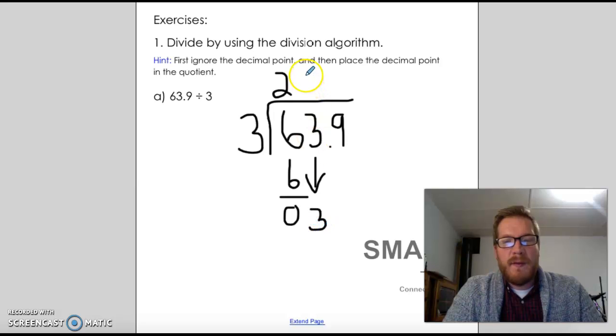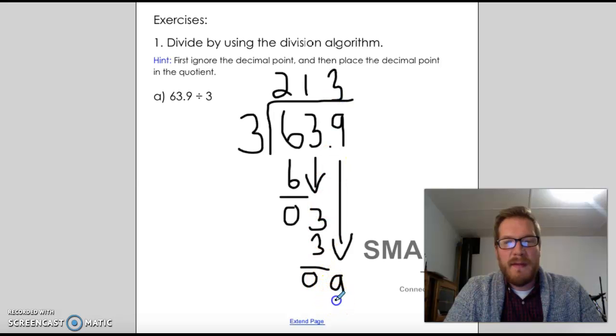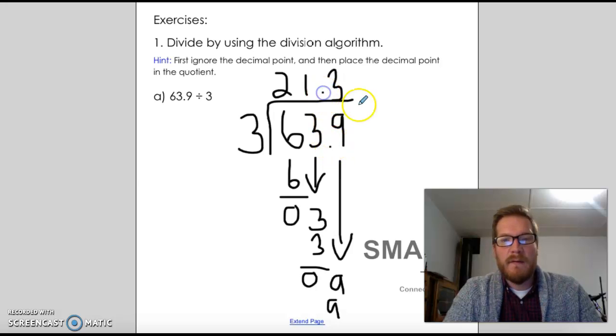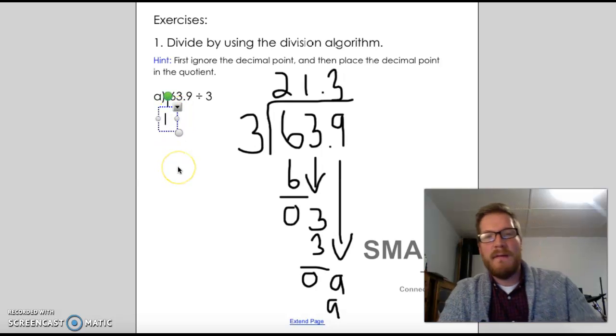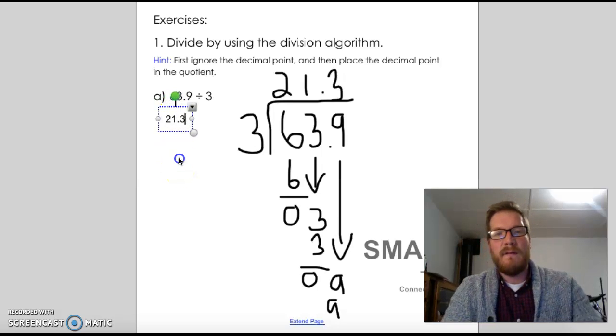So 3 goes into 3 1 time. 3 minus 3 is 0. We bring down our 9 all the way to the bottom. 3 goes into 9 3 times. 3 times 3 is 9. I'm out of room, but 9 minus 9 is 0. I have to remember the decimal place is here, so I've got to put it over top of this. And what I can say is that 63.9 divided by 3 is 21.3.